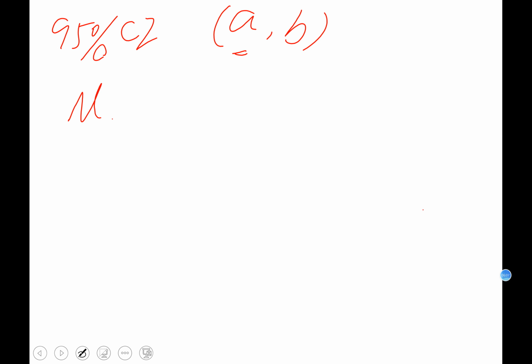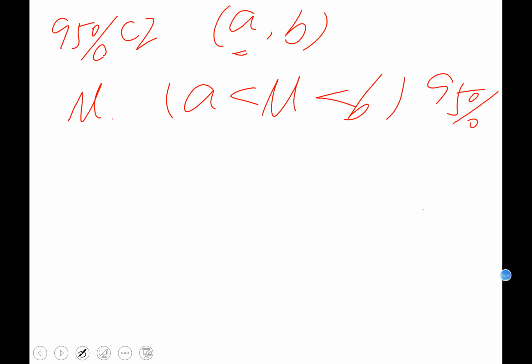So that means mu is more than the lower bound and less than the upper bound. The probability should be 95%.